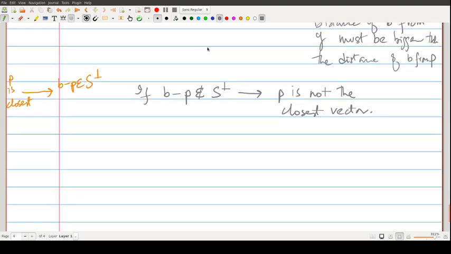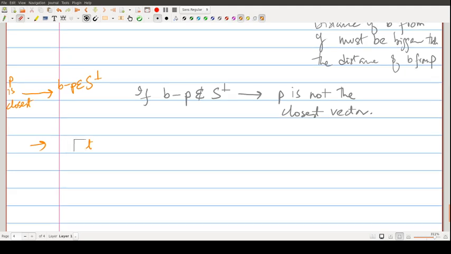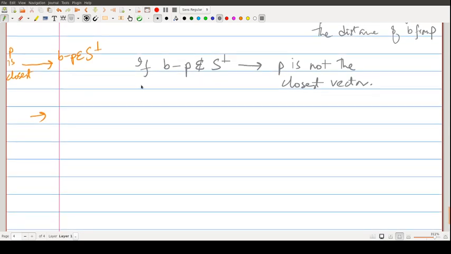So let's suppose, let q be this vector that is not the closest vector. Let there be a vector q such that b minus q is not in the orthogonal complement.